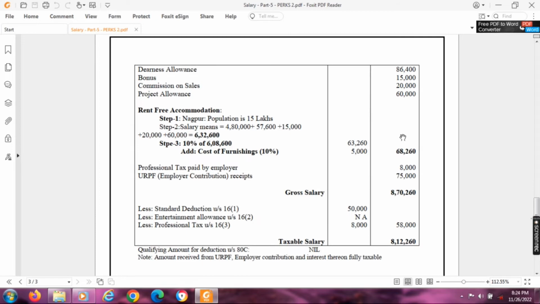Salary means basic 4,80,000 plus DP 57,600, DA which is excluded, bonus 15,000 plus commission on sales 20,000 plus project allowance 60,000. Total is 6,32,600. In that we have to apply only 10% because the size of the population is between 10 lakhs to 25 lakhs. So 10% of the salary is taxable in the hands of the employee.